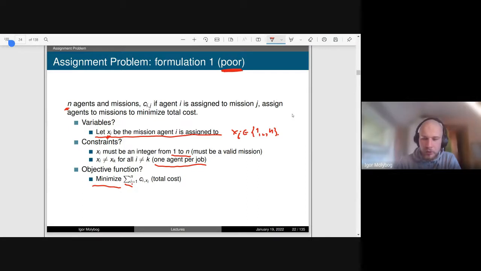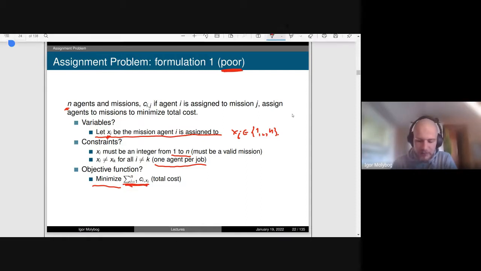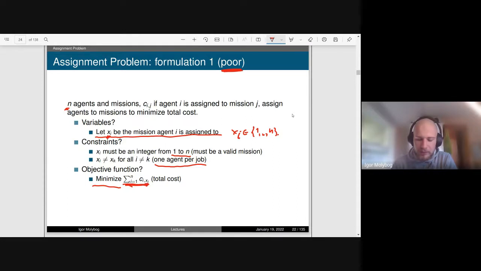So it's not a feasible solution not to assign any jobs to anyone, just because you will always sum up exactly n cij's. The thing is, j in this particular case is given to you with this variable xi. So this is going to be the total cost.